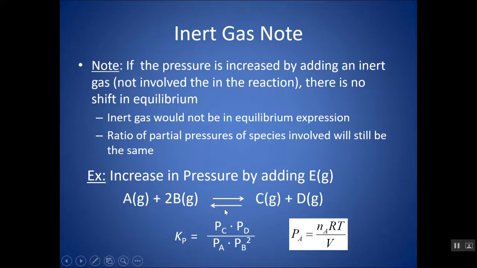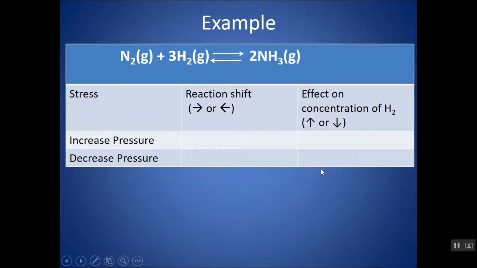If the partial pressure of A is the moles of A times R times T over V, those things are not changing just by adding an inert gas. So there would be no shift in the reaction. Not changing any of those variables, all partial pressures stay the same. So if you see the pressure change because an inert gas is added, something not in the reaction, that does not shift anything. Take a moment, try this example, and then check your work.